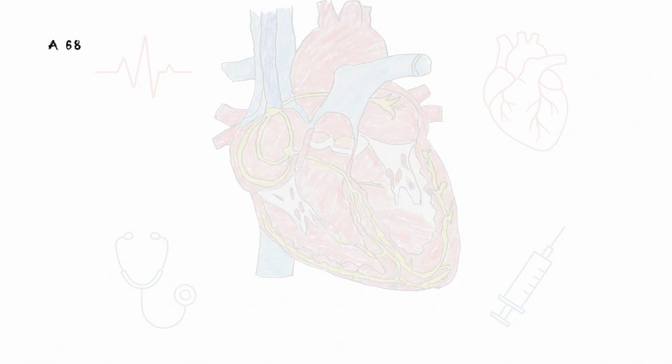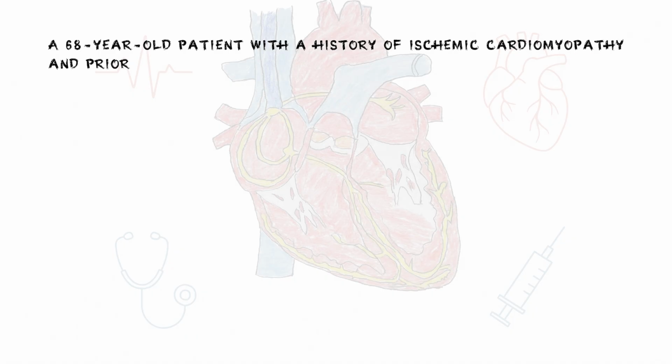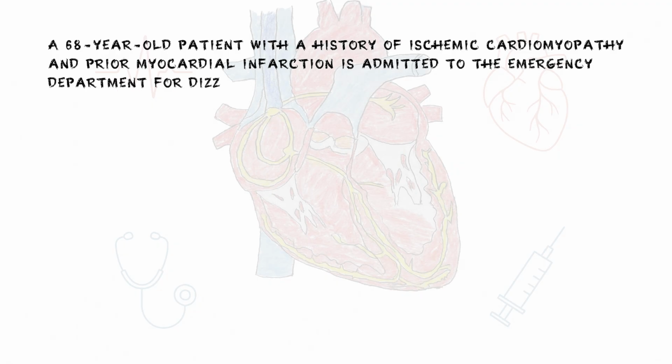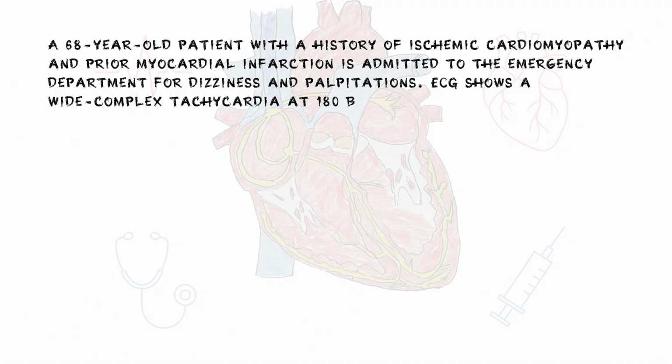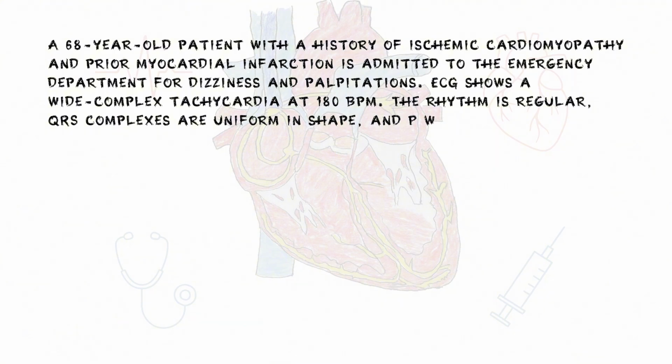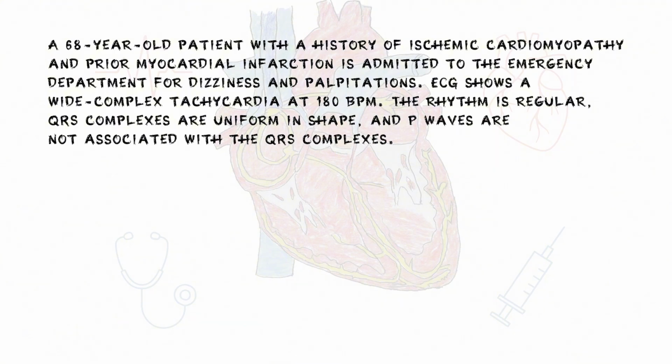A 60-year-old patient with a history of ischemic cardiomyopathy and prior myocardial infarction is admitted to the emergency department for dizziness and palpitations. ECG shows a wide complex tachycardia at 180 beats per minute. The rhythm is regular, QRS complexes are uniform in shape, and P waves are not associated with the QRS complexes.